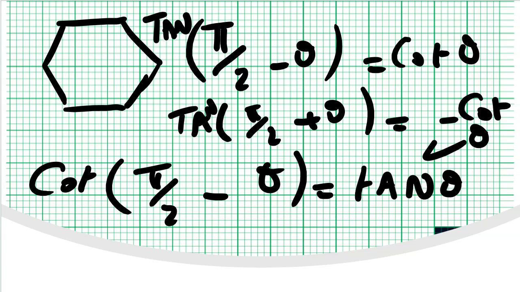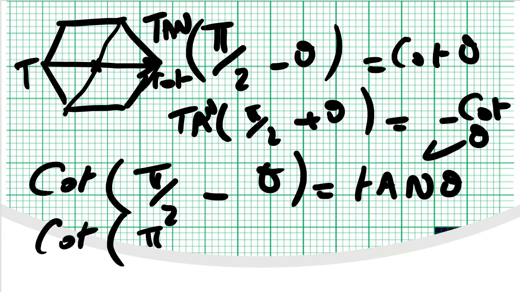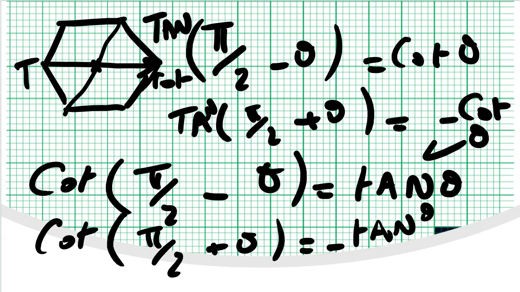We know that from here. This is the tangent, this is the cotangent. They are cofunctions. Okay? So if you go cotangent in quadrant 2 of pi over 2 plus theta, you're going to get minus tangent of theta, because in quadrant 2, the tangent and the cotangent are negative.